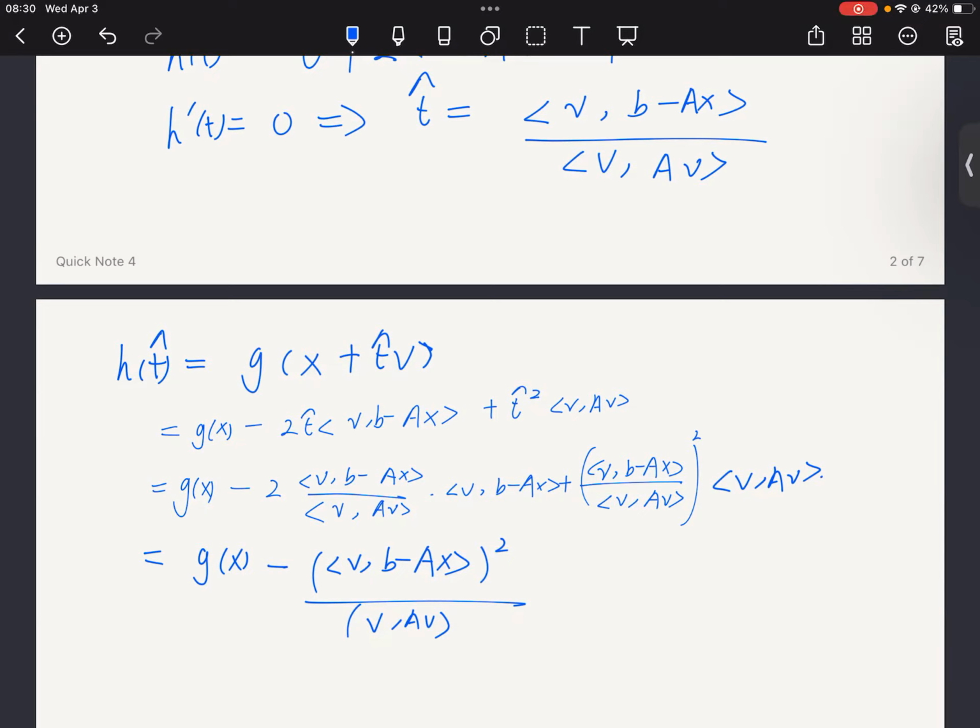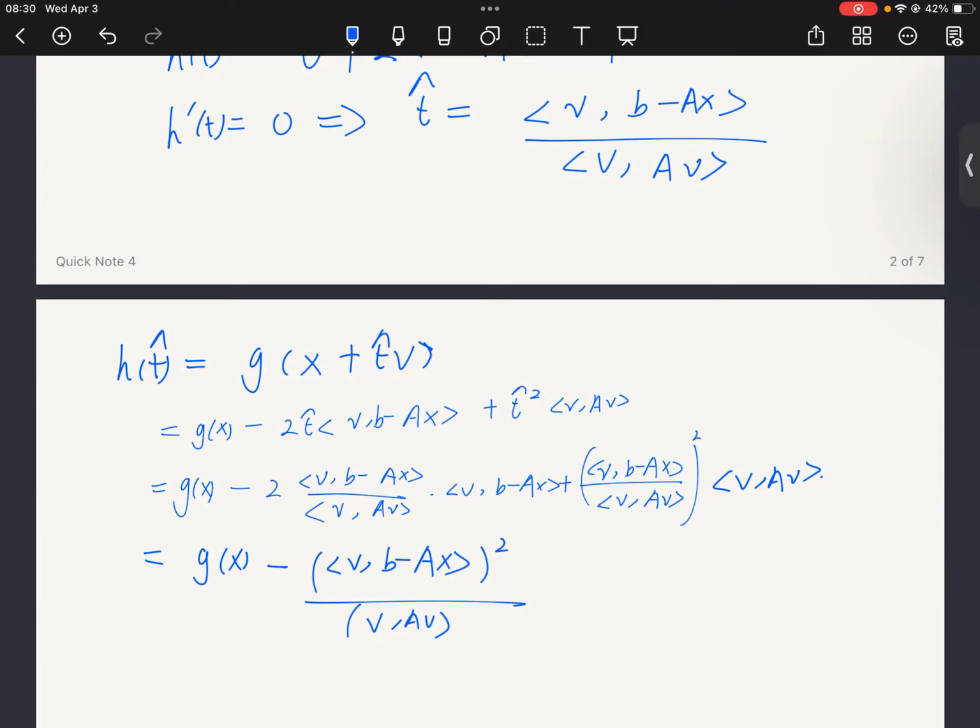So the minimal value equals the g(x) value minus this value. And if this one equals 0, meaning the inner product of v and b minus Ax equals 0, then this number is just the minimum value along this direction.